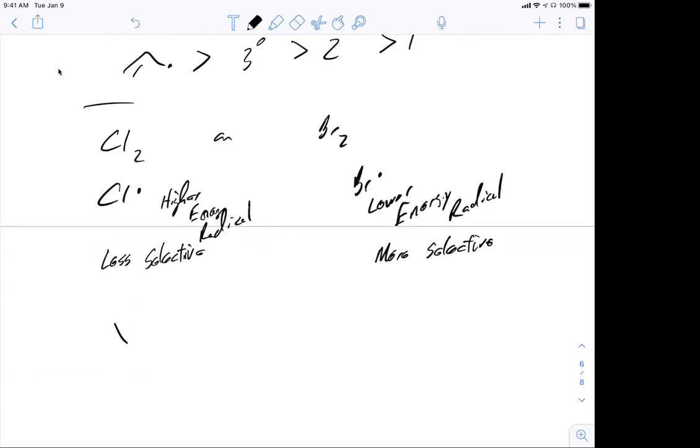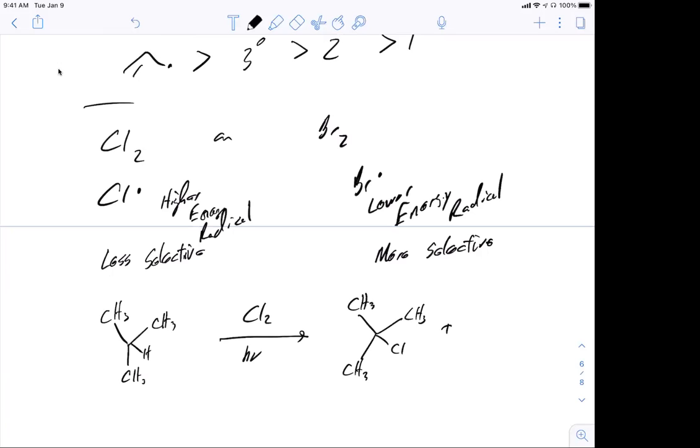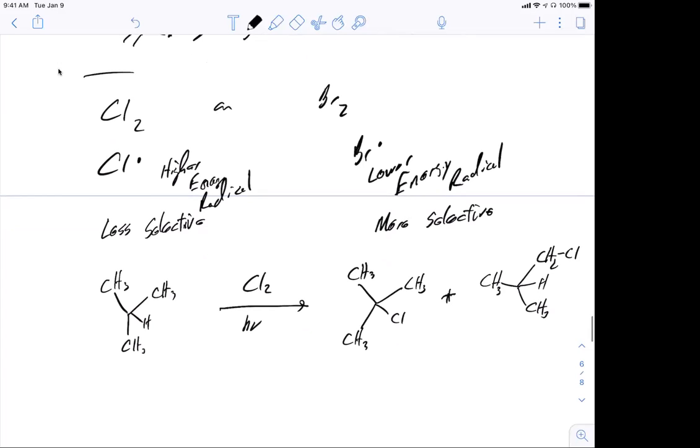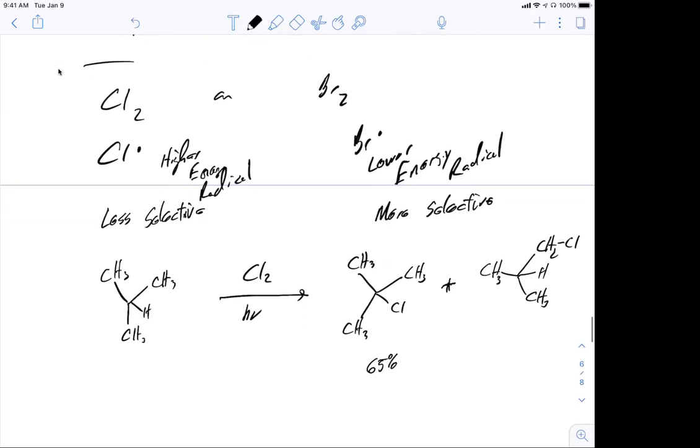So if we look at this reaction again, and we did this with chlorine, we see a distribution of about 65 to 35.